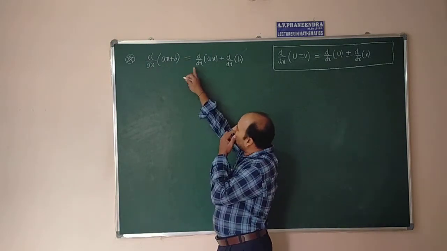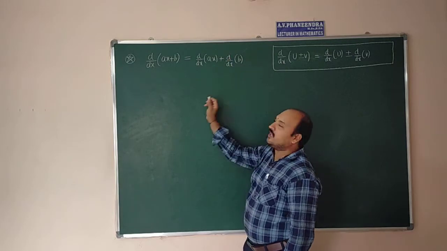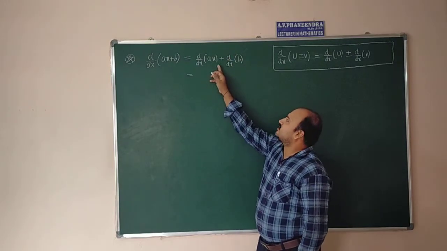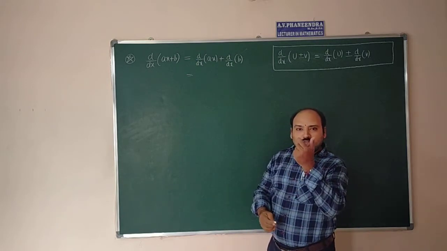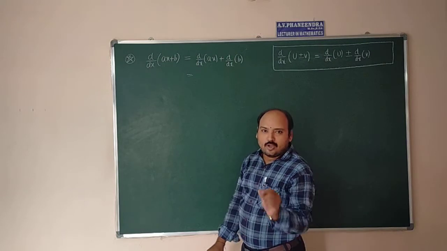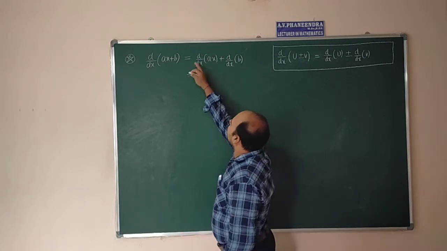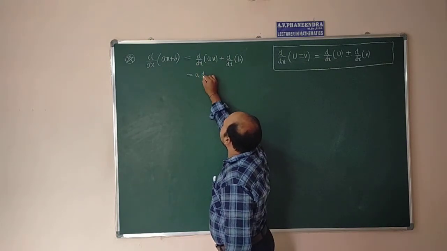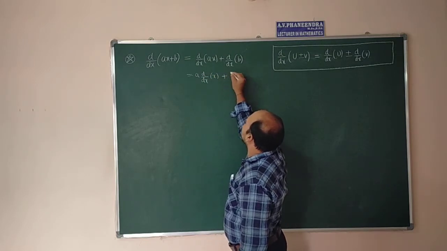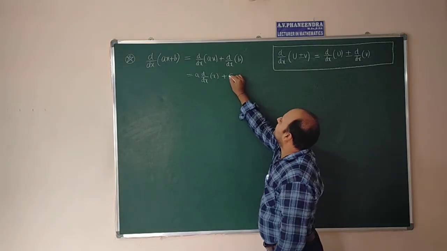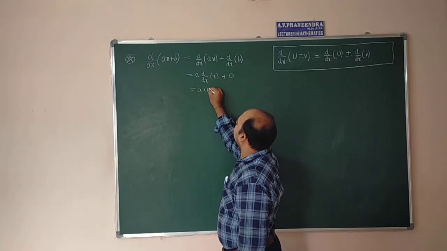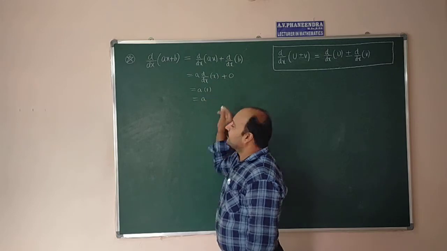So d by dx of ax plus d by dx of b, which is equal to, when d by dx of product of two functions, among the two functions one function is constant, the constant you can take outside. No need to apply the product rule. So here we can take a outside: d by dx of x plus d by dx of constant b, which is 0. So a into d by dx of x is 1, which is equal to a.